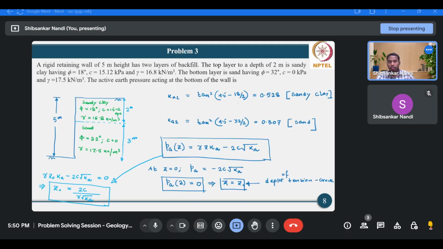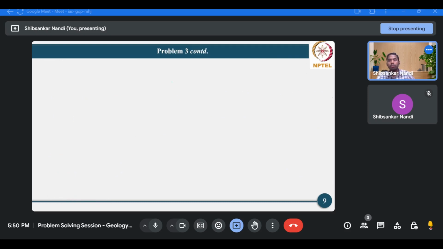Then we'll start calculating the variation. At z equals 0, we have seen that Pa will be simply minus 2c root Ka.